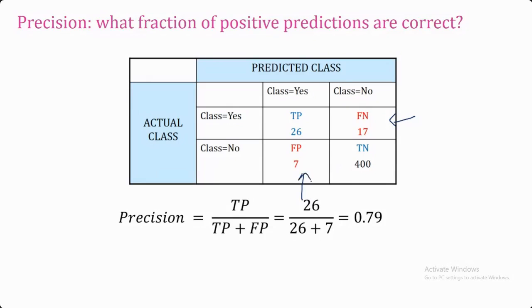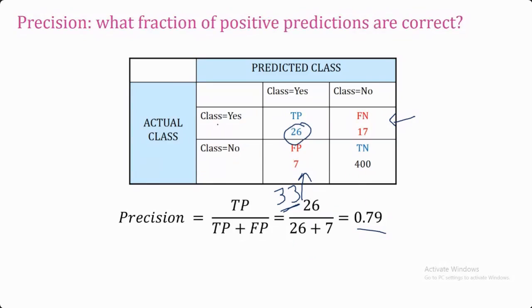According to your classifier, these 33 are positive. Out of these 33, 26 are actually positive, so it's going to be 26 divided by 33. So this is your precision.